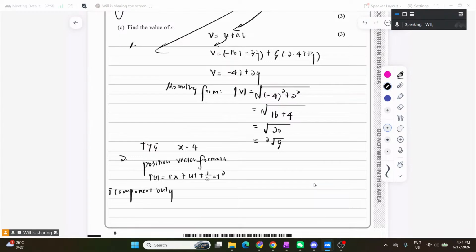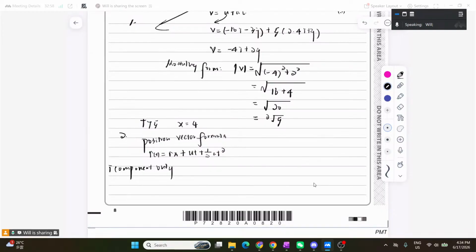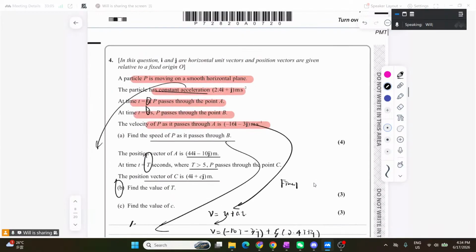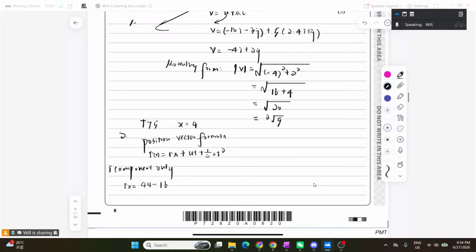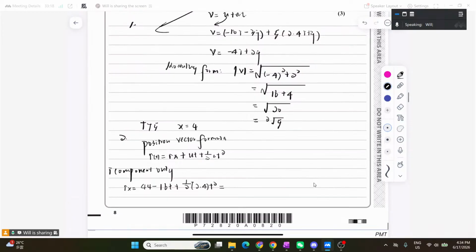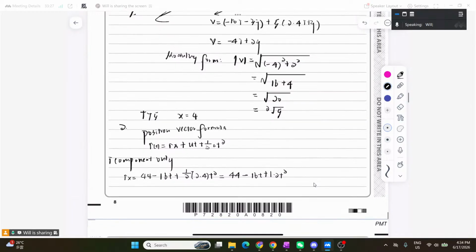So for Rx equal to 44 minus, substituting, 16t plus 1/2 times 2.4 times t squared, and simplify it. So I get 44 minus 16t plus 1.2 t squared. Understand that?